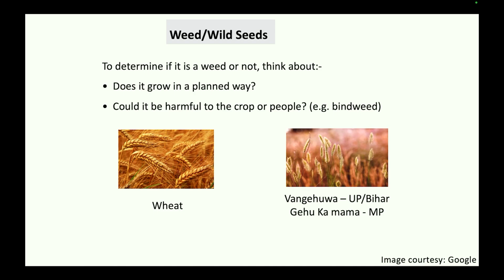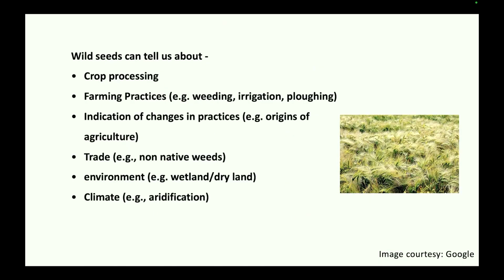So they are also very important, because wheat is used by human beings and these fodders are the supplementary material for the animals. Wild seeds can tell us about different things like crop processing activity, farming practices, weeding, irrigation, plowing activity, indication of changes in practices, origin of agriculture, trade, non-native weeds, environment, wetland and dry land, climate, aridification.